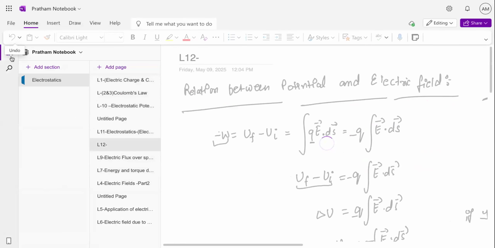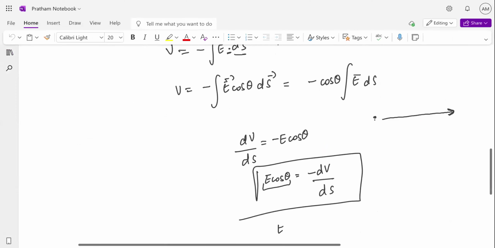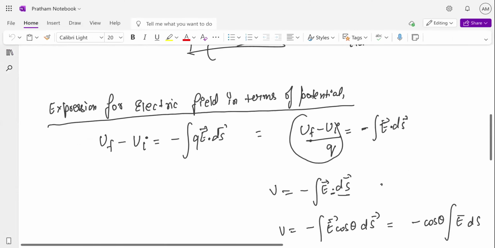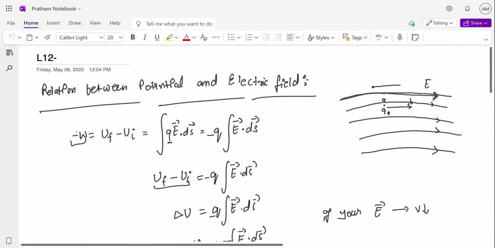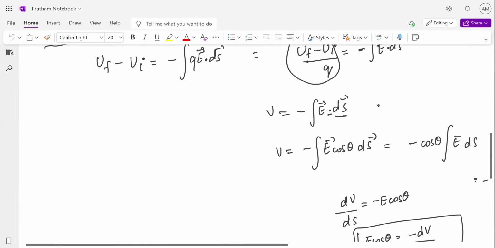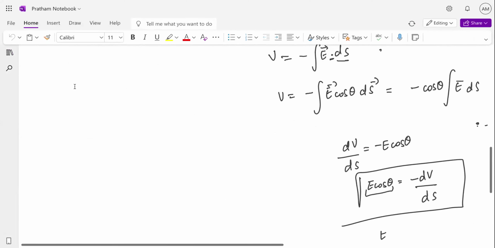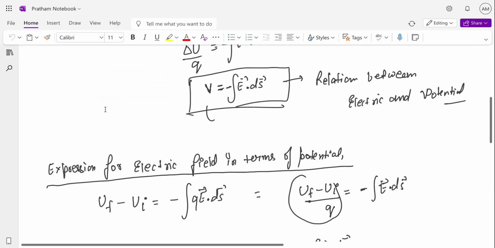Correction. This portion has been cut down, I think. Not too much, I can paste it here. I can see this one. Leave it.